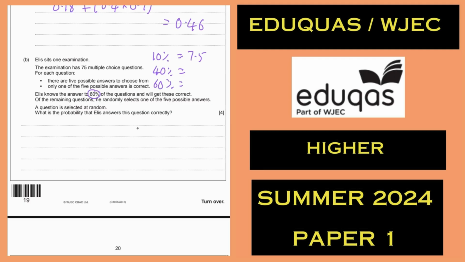Let's times the 10% by 4, so double it and double it. And if 30 questions are basically going to be guessed, then 45 are going to be given as correct.